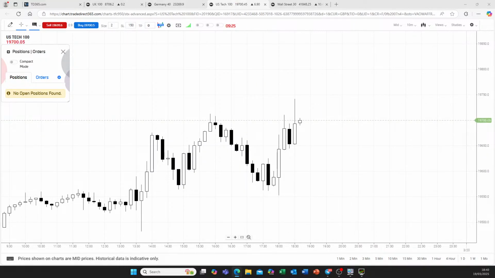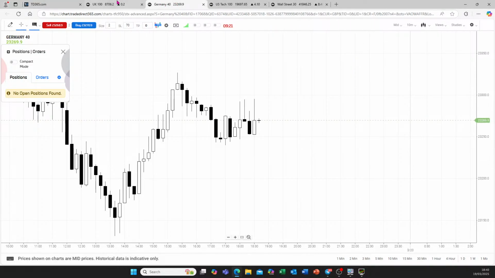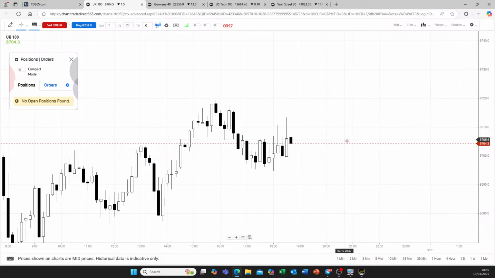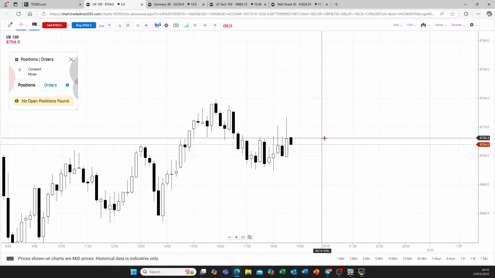It seems like all the indices are just hugging the midline.